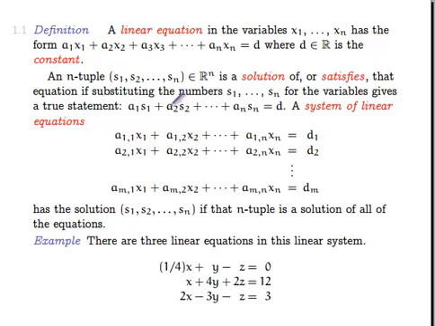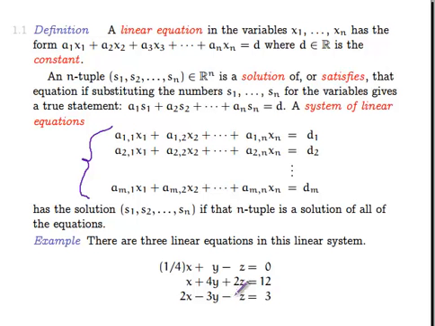The solution for a system of linear equations would be an n-tuple, that is a series of n numbers, such that this series of n numbers is a solution for all of these equations in this group. Okay? So here's an example. If we have three linear equations, so this was the equation we saw before. This also is a linear equation, linear combination here, constant here.